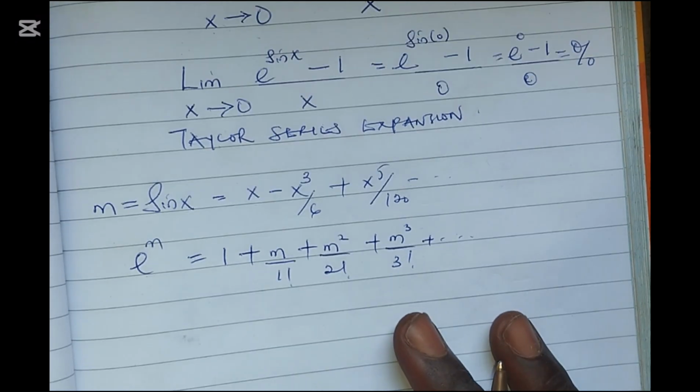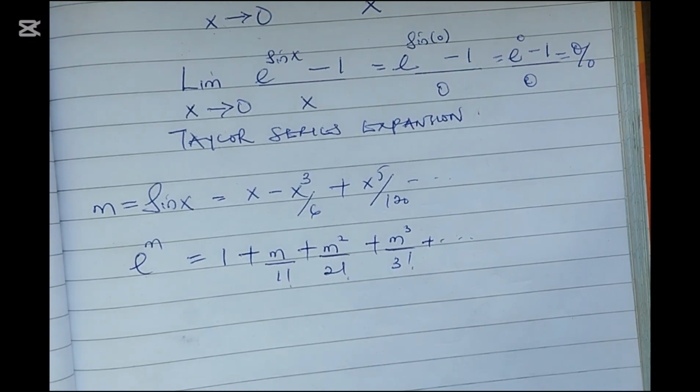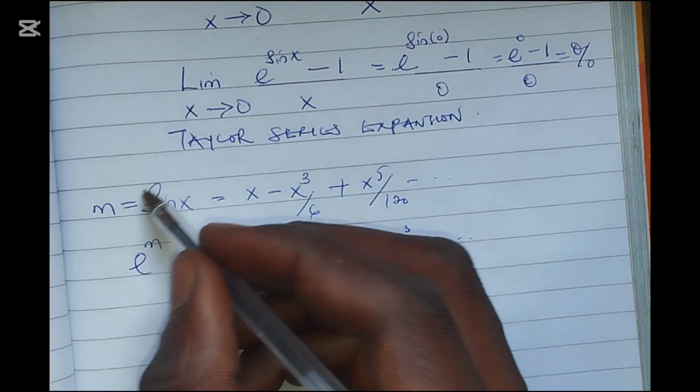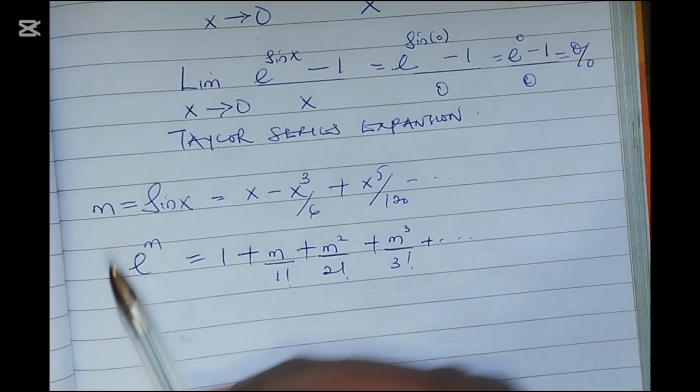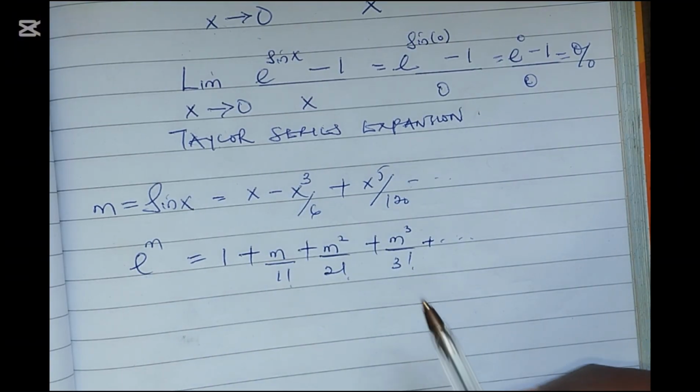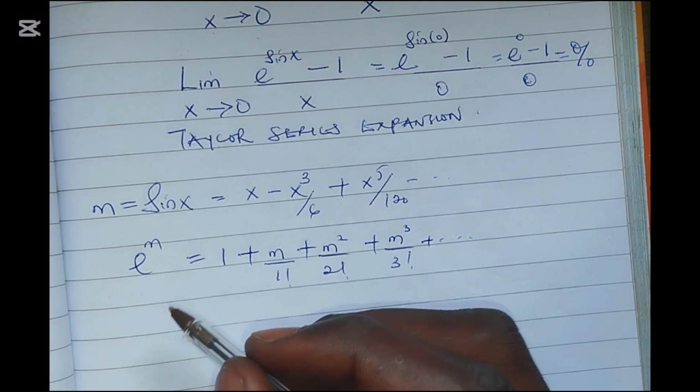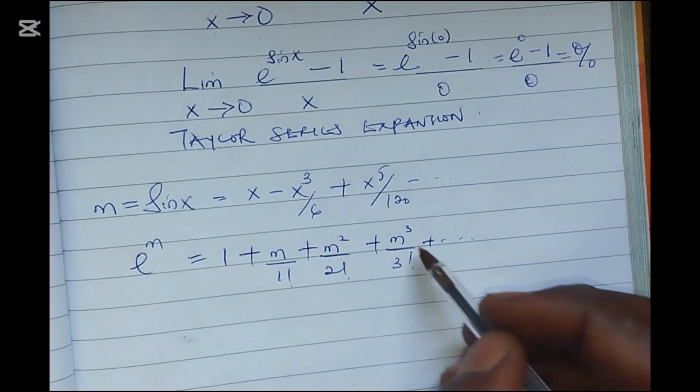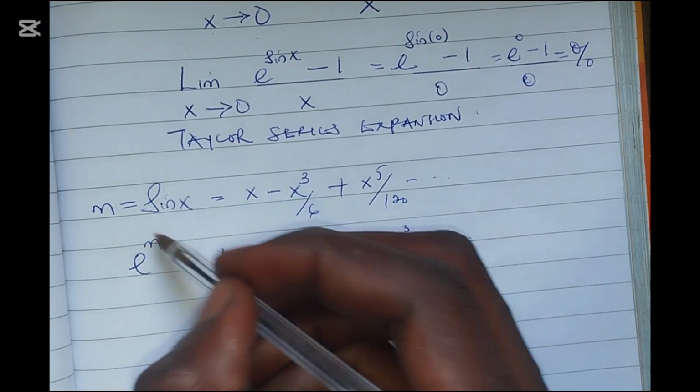Now, the next thing we do is this. Since we know that m is equal to sine x and e to the m is this expansion, all we have to do is substitute for m. Wherever you see m in this function, put sine x.